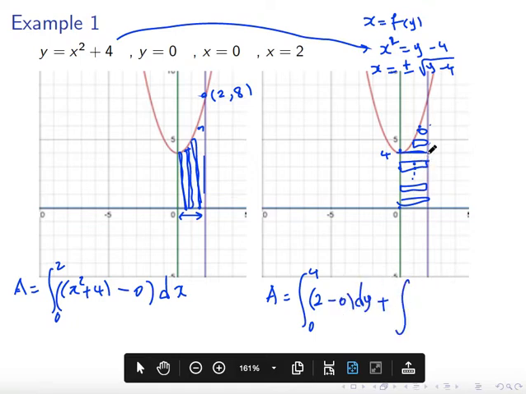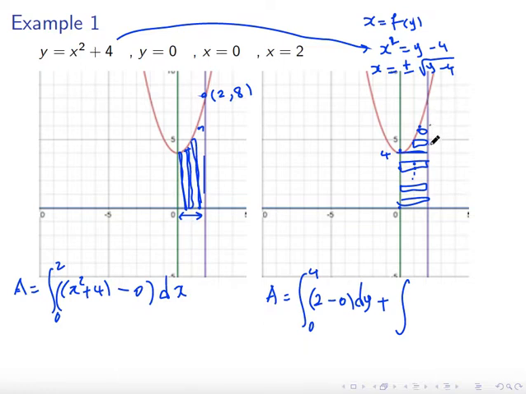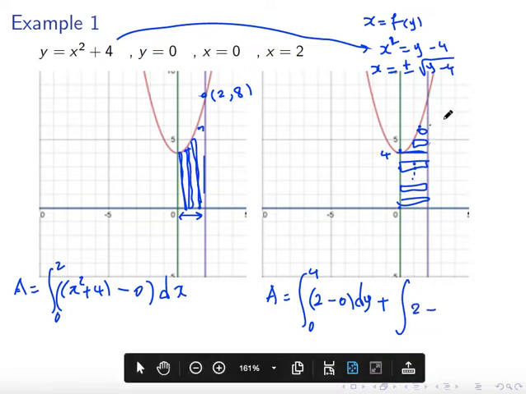Or you can find just the area of this rectangle. Plus, the curve which is on the right, which is the purple one, 2, minus the curve which is on the left, which is x squared plus 4.